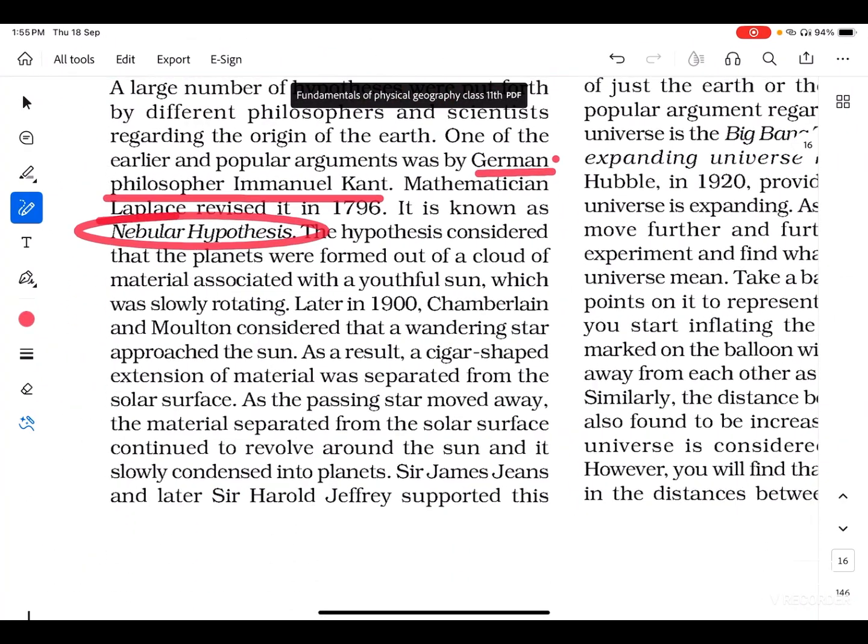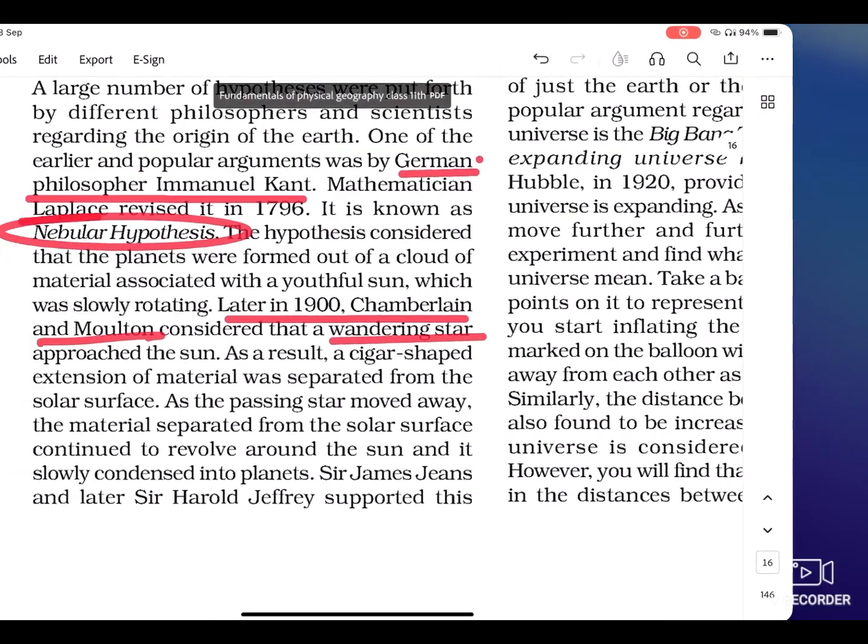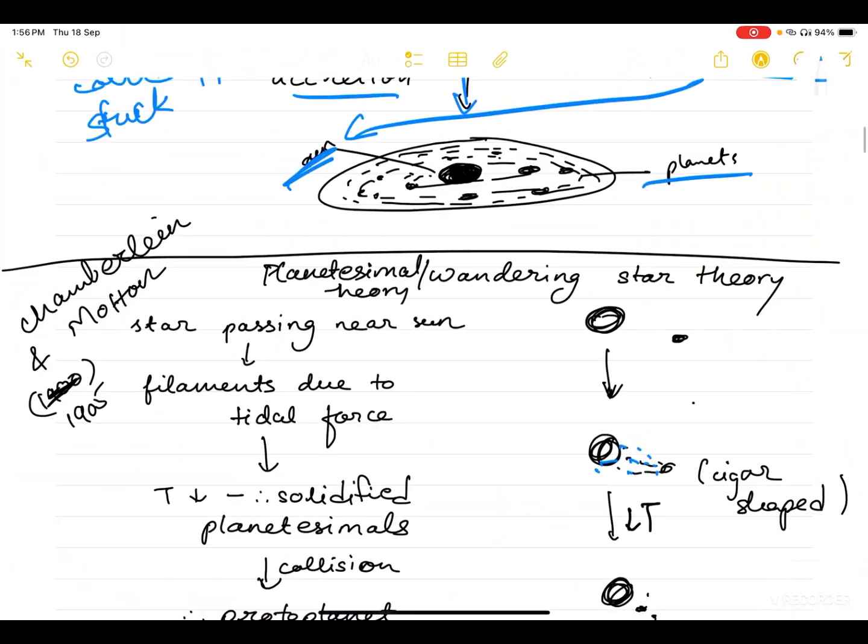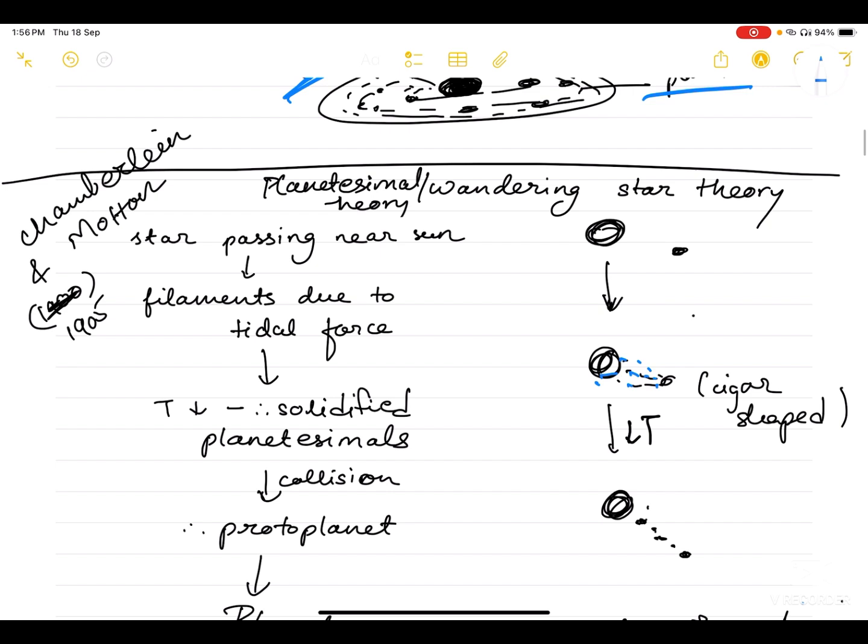Now the next theory, proposed by Chamberlain and Moulton in the 1900s, was also known as the wandering star theory. This theory suggested that a star passed by the sun very closely, and when it did, filaments of matter started forming due to tidal force.